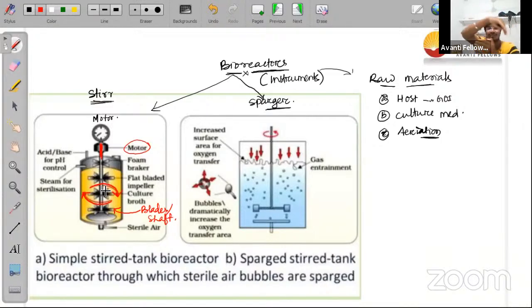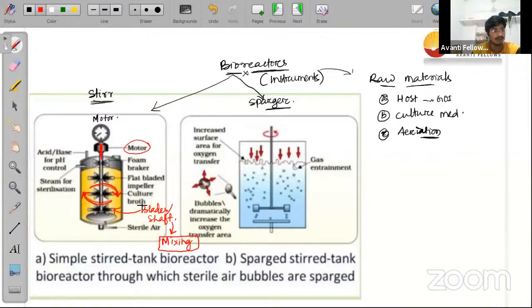This rotation of the blade or shaft will help in mixing of the raw material. जो भी raw material हम यहाँ पे डाले हैं, उसका mixing में ये help करेगा. Raw material will be provided in the bioreactor only.